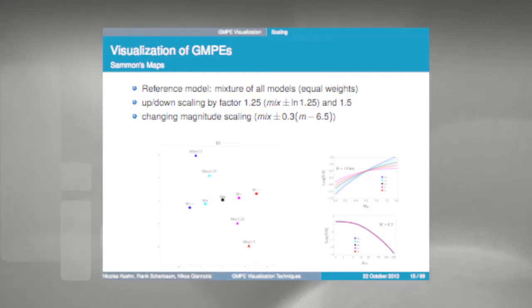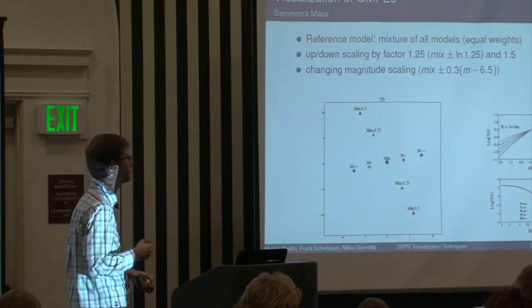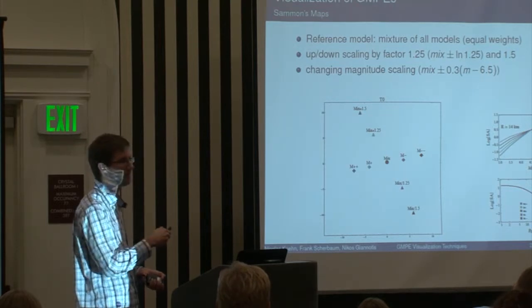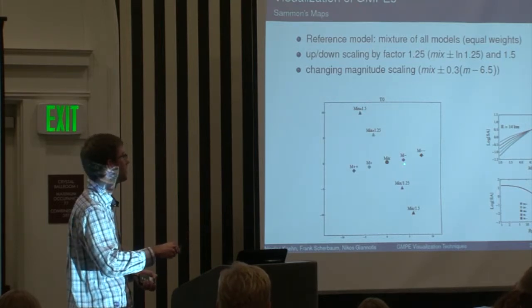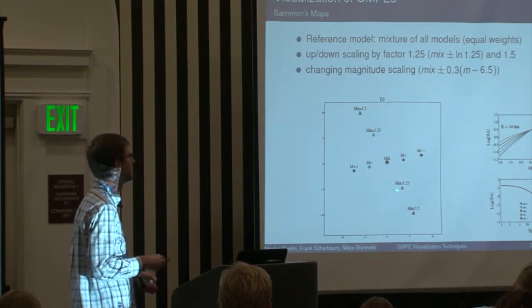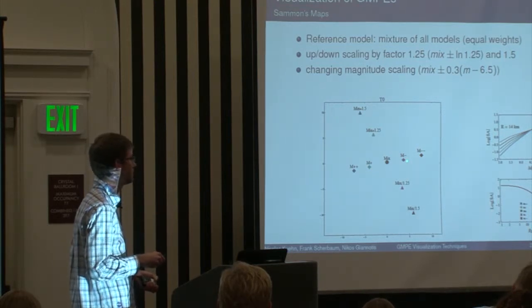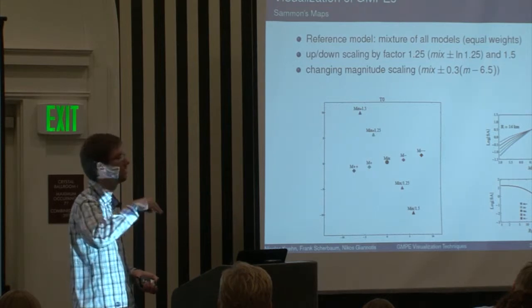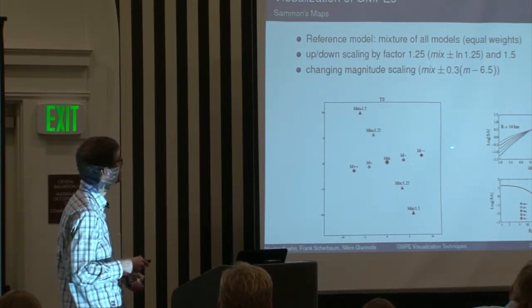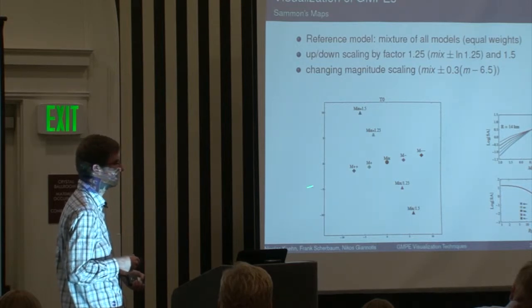M++ is the average of all models plus 0.3 times (M minus 6.5). Then M+ is plus 0.15, and then we have minus 0.3 and minus 0.15. This is a different direction in this map.